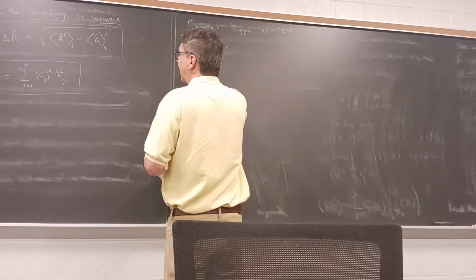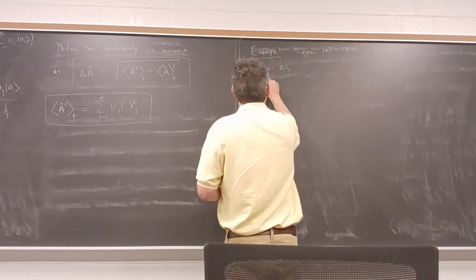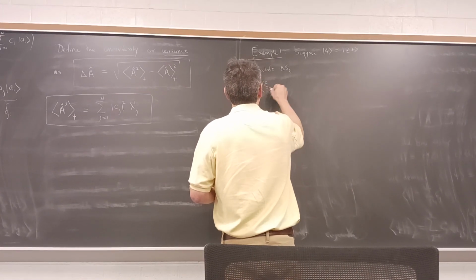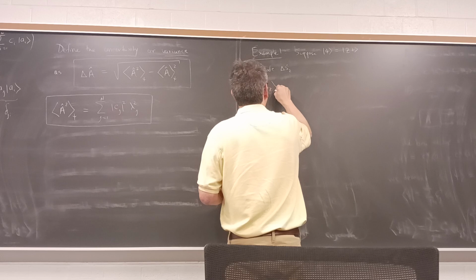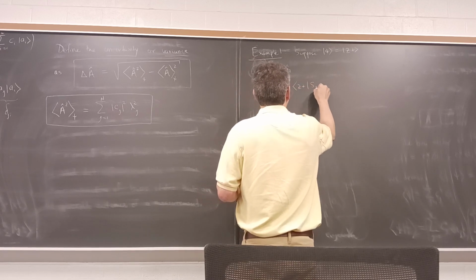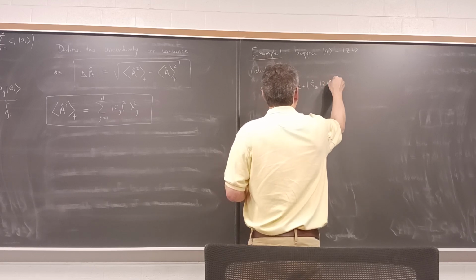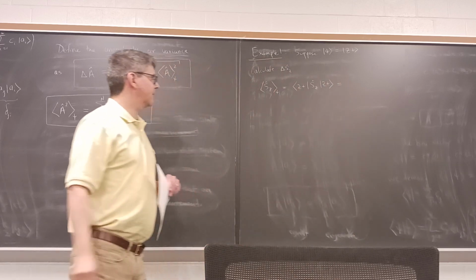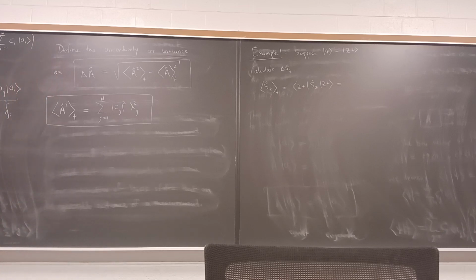Okay, so first we have to calculate the average of SZ in state psi, that's just going to be Z plus SZ Z plus. What is SZ when it operates on Z plus? What do we get?